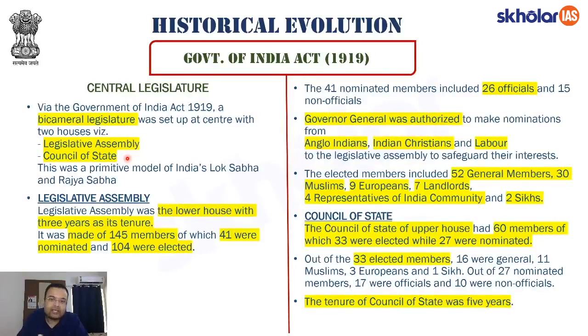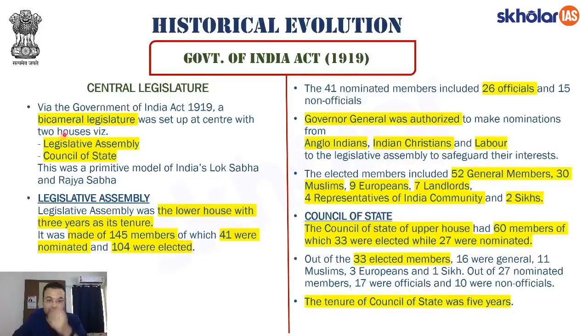On the other hand, bicameral legislature means that there will be 2 houses by which legislation will be passed. One will be the upper house and the other will be the lower house. So what were the houses in the Government of India Act 1919? That at the center there will be bicameral legislature.